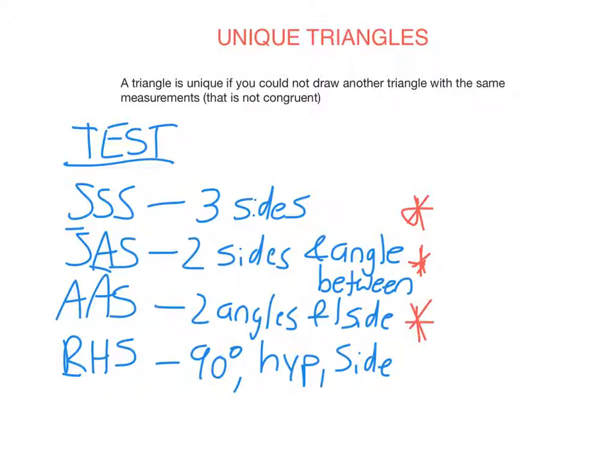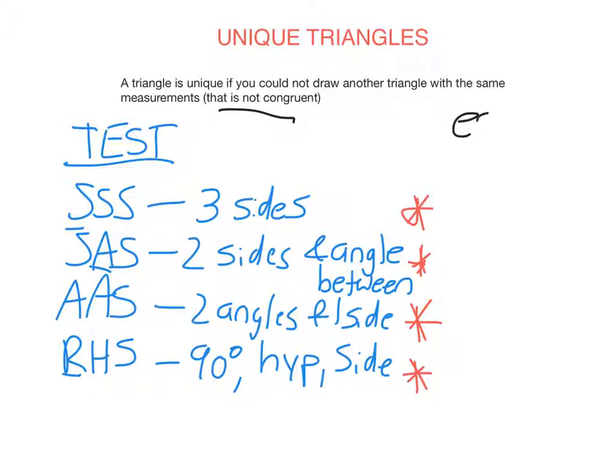If I give you two angles of a triangle and one side, there is only one triangle that you can draw with those dimensions. If I give you a right angle triangle and I tell you the length of the hypotenuse and the side, there is only one triangle that you can draw with those dimensions. Now again, we're counting congruent triangles as the same.